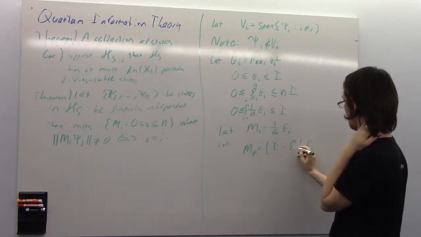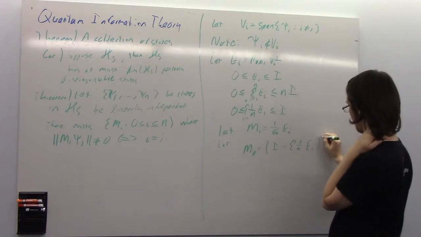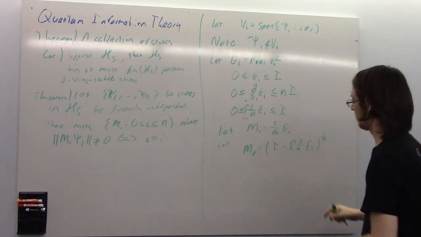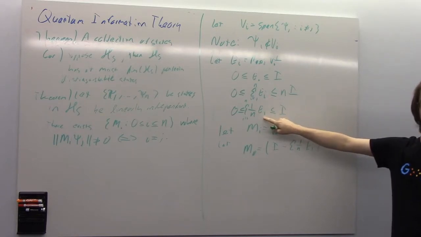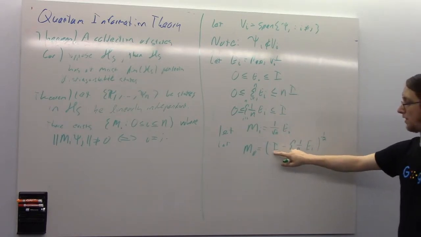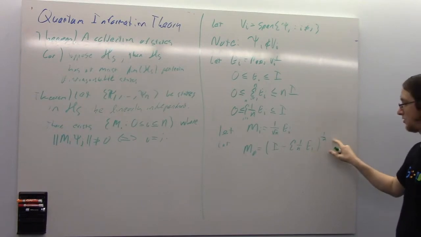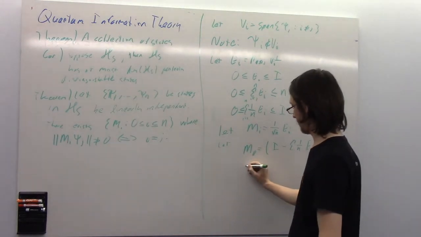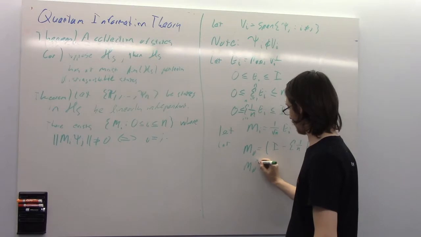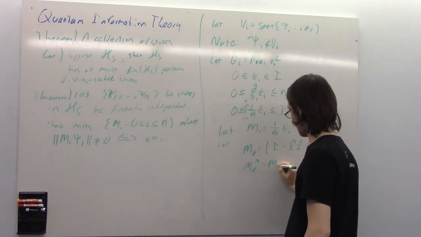Also, let m0 equal the square root of I minus the sum 1 over n EI. Since I is greater than or equal to the sum 1 over n EI, we know this is positive. So this makes sense. Namely, m0 star equals m0.